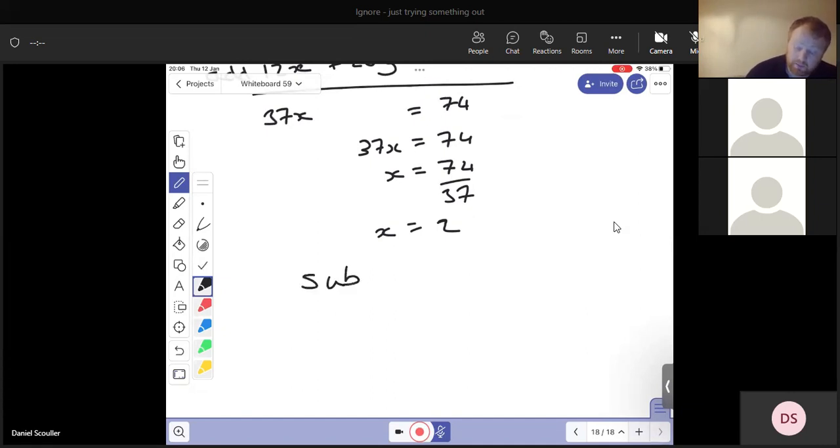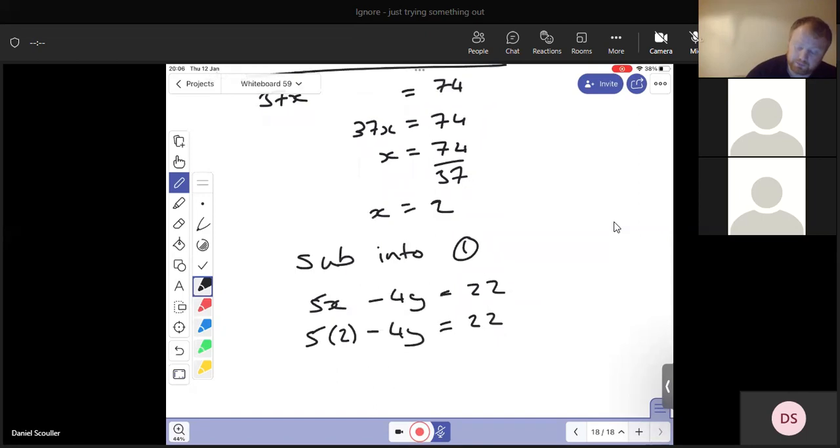Now substitute that into either equation. So substitute that into the first one, which is 5x minus 4y equals 22. 5x would be 5 times 2, minus 4y equals 22.